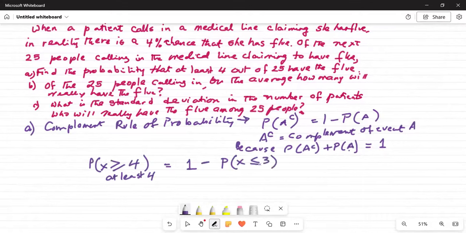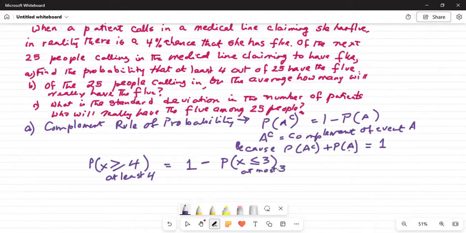Think for a minute. On the left-hand side, we are including only from 4 to 25. We know the sum of the probabilities of all the events from 0 to 25 is 1. From that, we are removing the complement event, which is 0, 1, 2, and 3. This is also called at most 3.